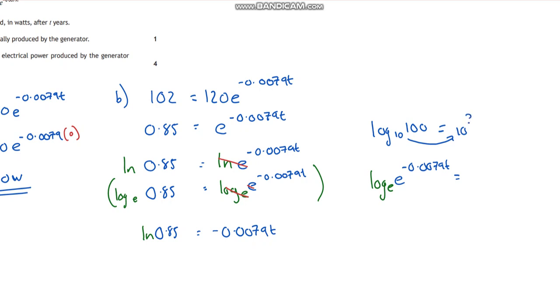So this one is saying e to the power of what gives me e^(-0.0079t). Up here, 10 to the power of 2 gives me 100, and here e to the power of what gives me this e^(-0.0079t)? Well, it's obviously just the exponent in there. So that's why they cancel out.